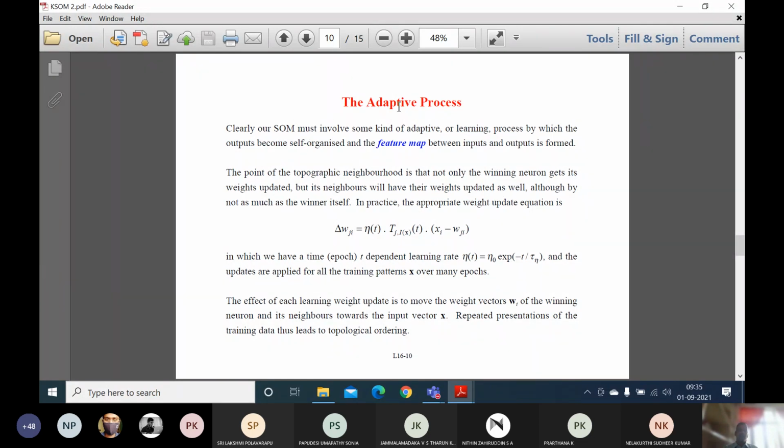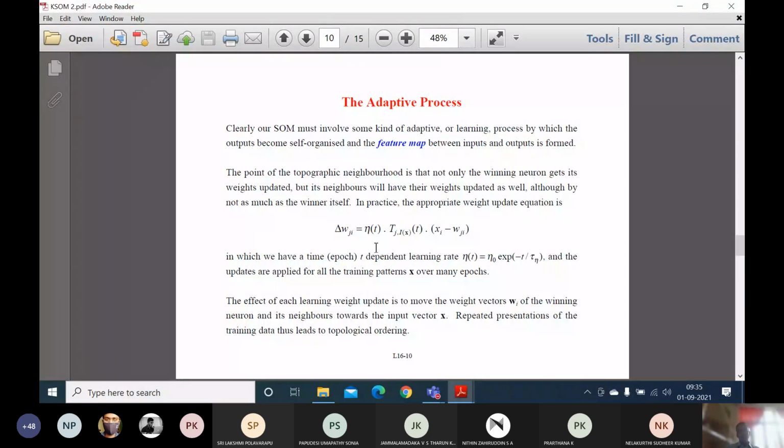That is, I supply certain input patterns, and the SOM accepts them and tries to reorganize among themselves via these 3 components: initialization, competition, and cooperation. Via these components, it reorganizes based on the common features, and it throws out the outputs for the inputs supplied.